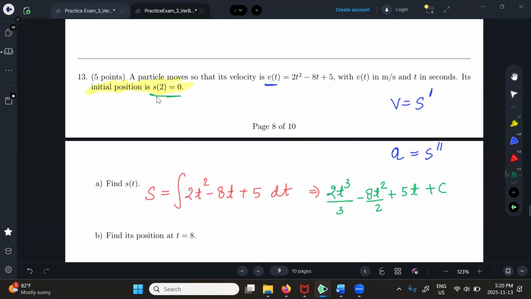How do I solve for it? It's right here, right? So I got 0 equals 2 times 2 cube divide by 3. Okay, somebody do this math. 2 square, 2 plus C. Now make sure you solve enough questions to know how to solve for plus C correctly.